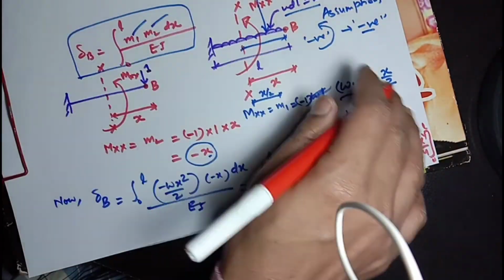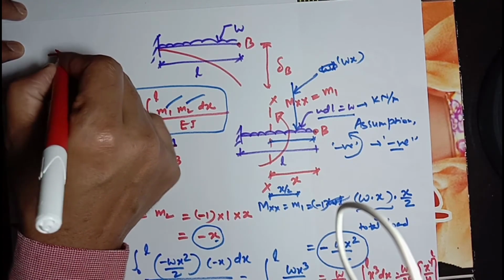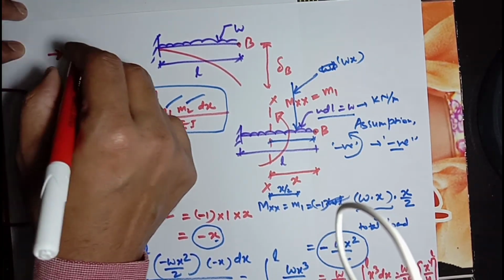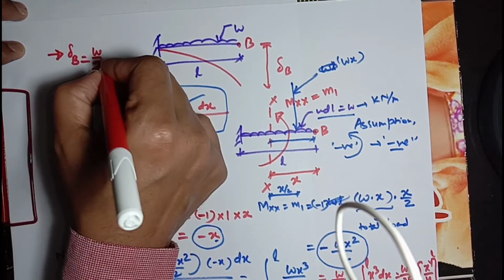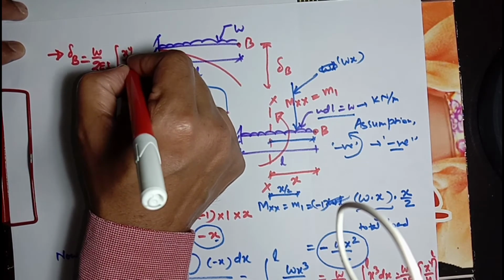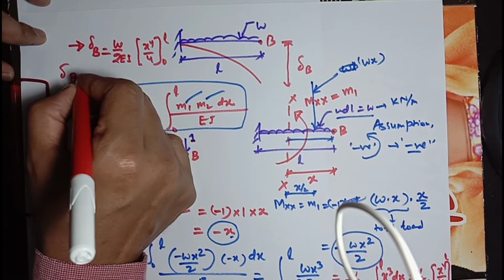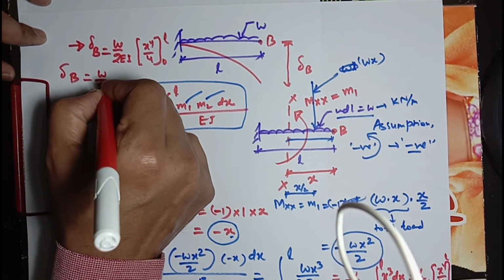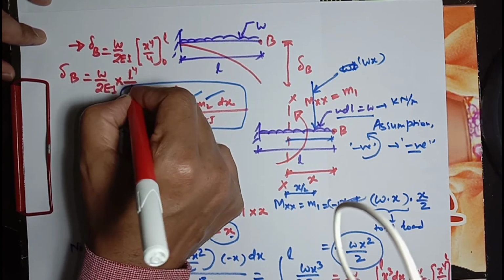Hence delta B will be W divided by twice EI, x to the power 4 divided by 4, 0 to L. It will be W divided by twice EI multiplying L to the power 4 divided by 4.